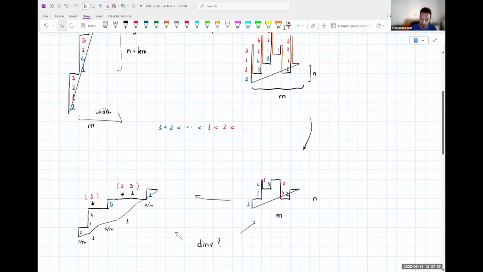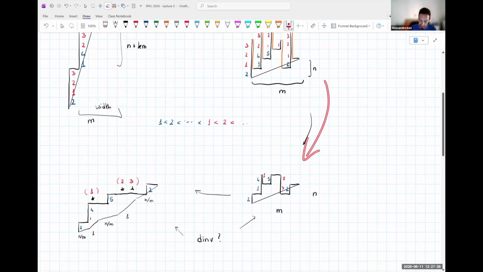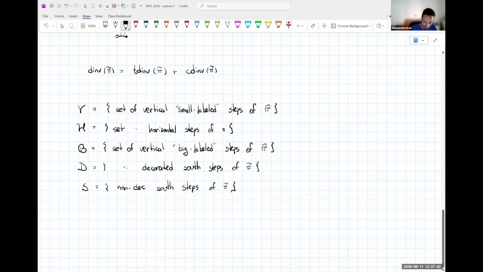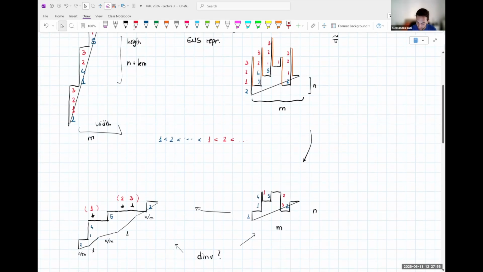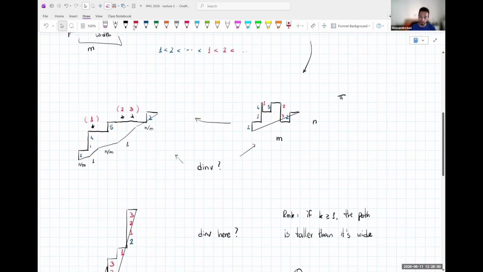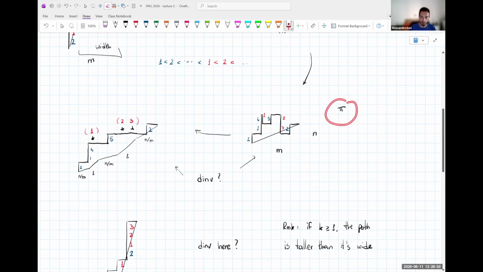In this case, the bijection is a lot easier here because what we do is just delete these guys and these guys, and the rest gives you pi, where pi is the image here. So this guy here, I call it pi. In general, I'm using pi for the objects.